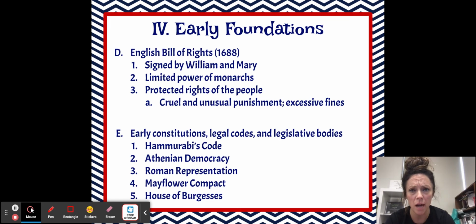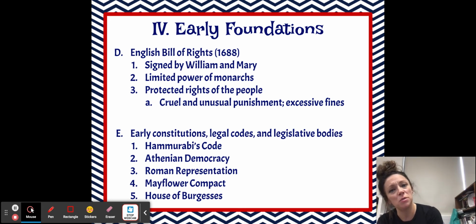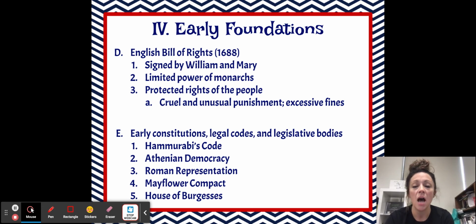So the third document we want to look at is the English Bill of Rights. Okay, this was signed in 1688 by King William and Queen Mary. Okay, and these guys were actually called into England to rule England because there was an absence of a king. And Parliament basically said, look, we want you guys to be our king and queen, but before you are, you have to sign and you have to agree to this Bill of Rights, okay?